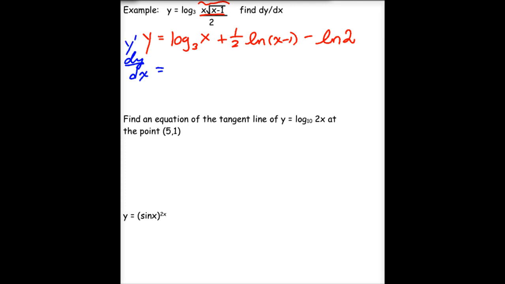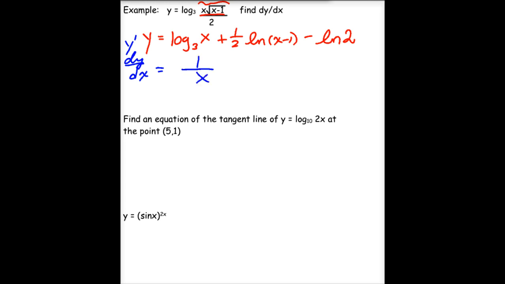So when I take the derivative of every part of the sum and difference by itself, first of all, I have log base 3 of x that I am taking the derivative of. So we need to remember how we take the derivative of log base 3 of x. And if you need to go look at your sheet, go ahead. If it were ln x, it'd be 1 over x.